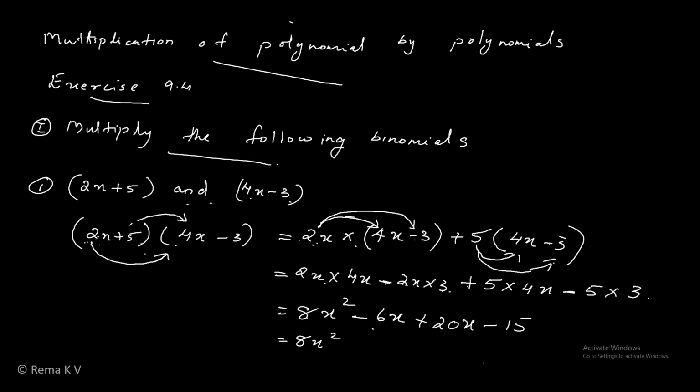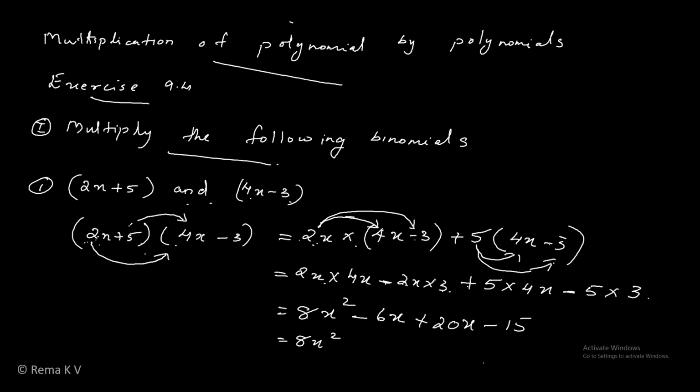Okay, it is minus 6x plus 20x. Here this one is negative, minus 6, and this is positive. So what we have to do is do subtraction and give the sign of the bigger number.